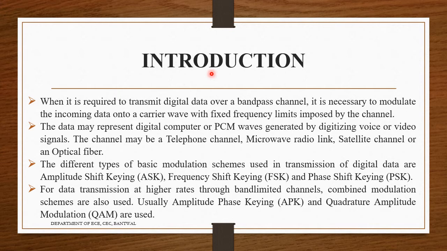We modify the message signal with respect to the carrier signal, mixing it in such a way that when we pass it through the channel and get it back at the receiver side, we can demodulate, that is, separate the message and the carrier signal easily.